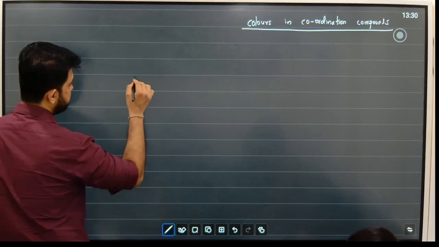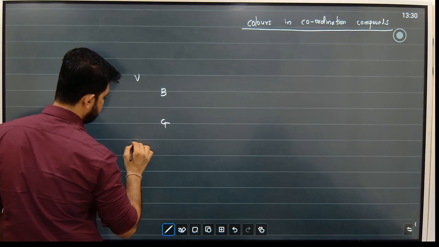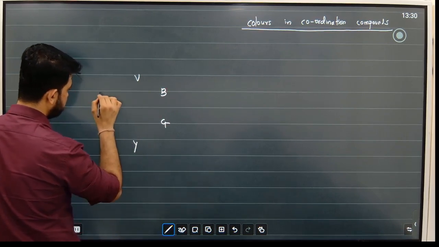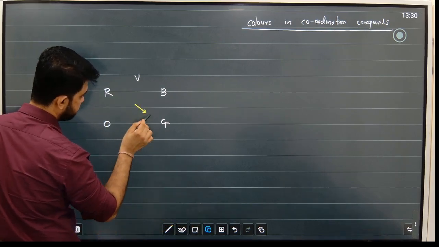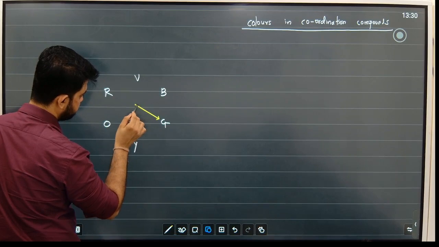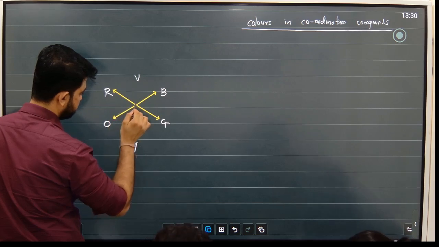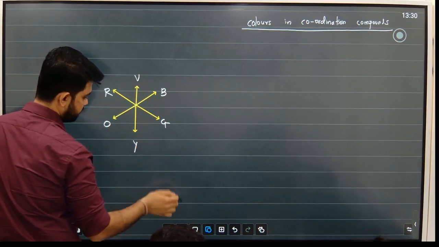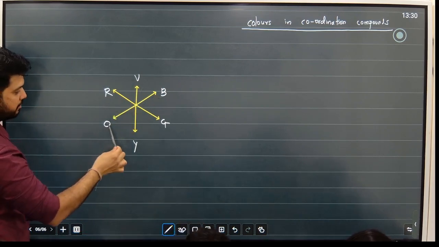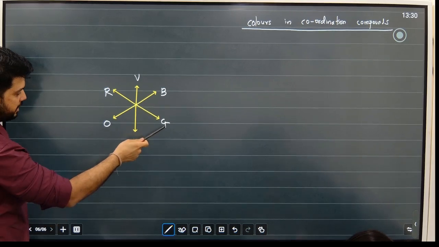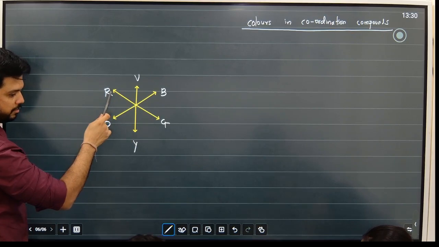And people remember we did this in the d block. How do you identify the absorbed and the complementary color? Do you remember that? So if blue light is absorbed, the complementary color will be orange. If you see green light, the complementary of green was red.